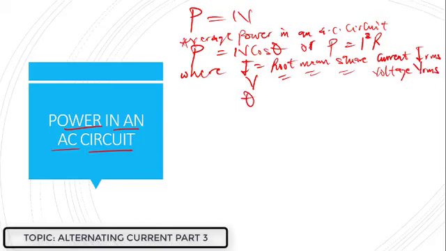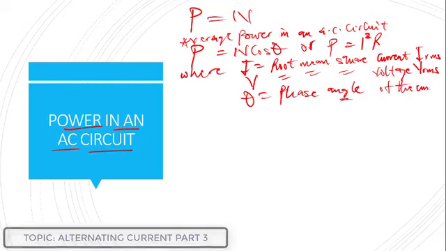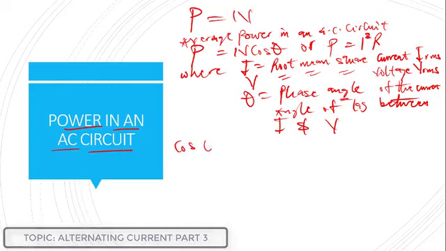And then we have theta, which is the phase angle of the current. If you don't want to call it phase angle, you can call it the angle of lag between I and V, between current and voltage. So cos theta gives us the power factor of an AC circuit.